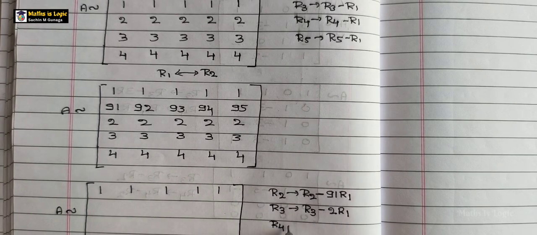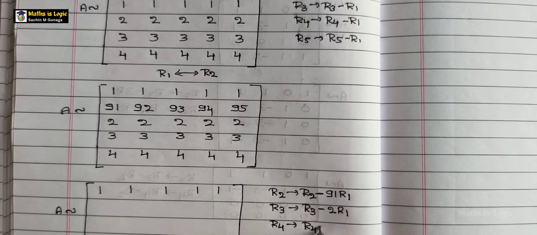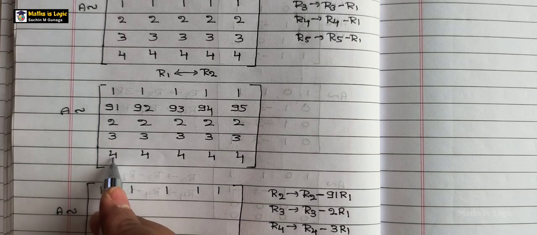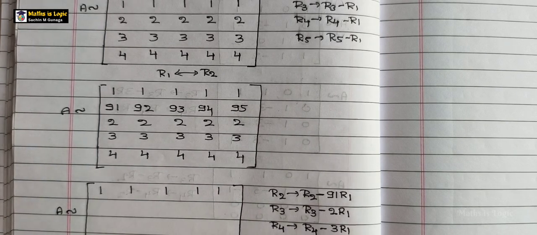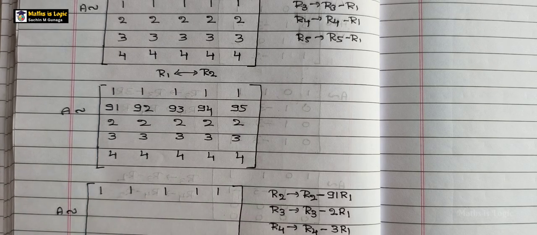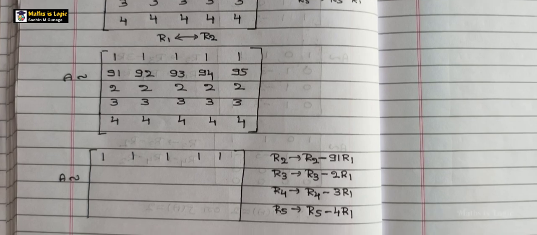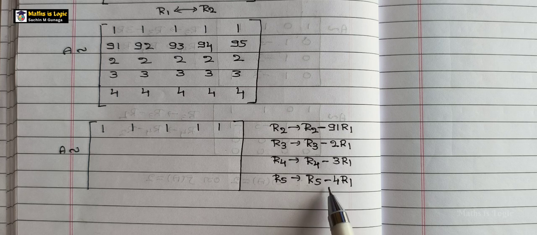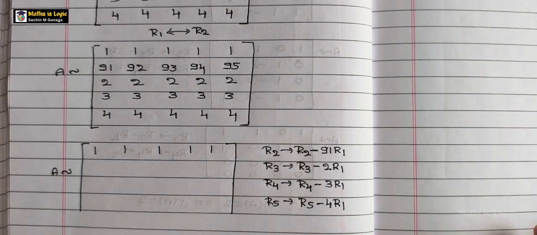Next R4 changes to R4 minus 3 times R1. R5 changes to R5 minus 4 times R1.